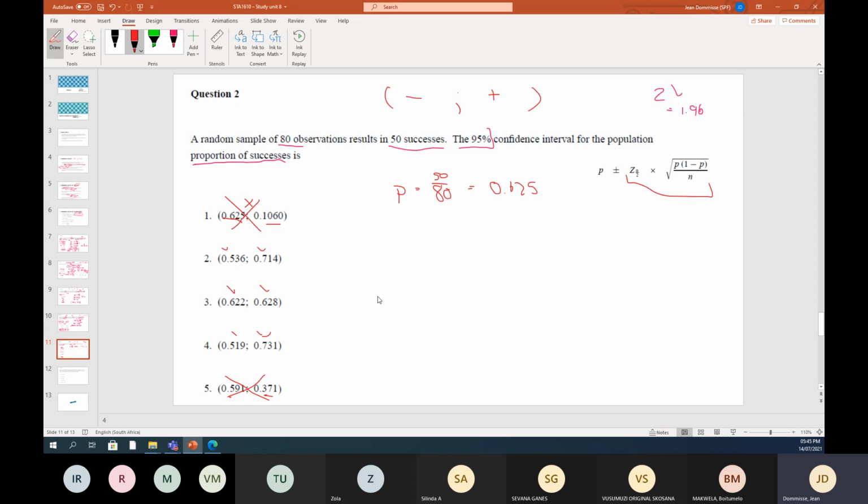So let's look at what it is. 0.625, that is your mean. So 0.625 plus minus, we know Z is 1.96.